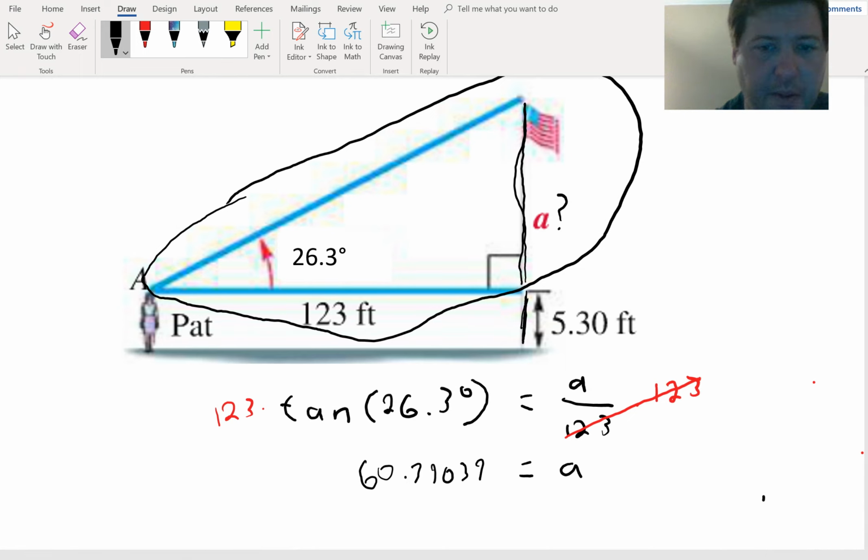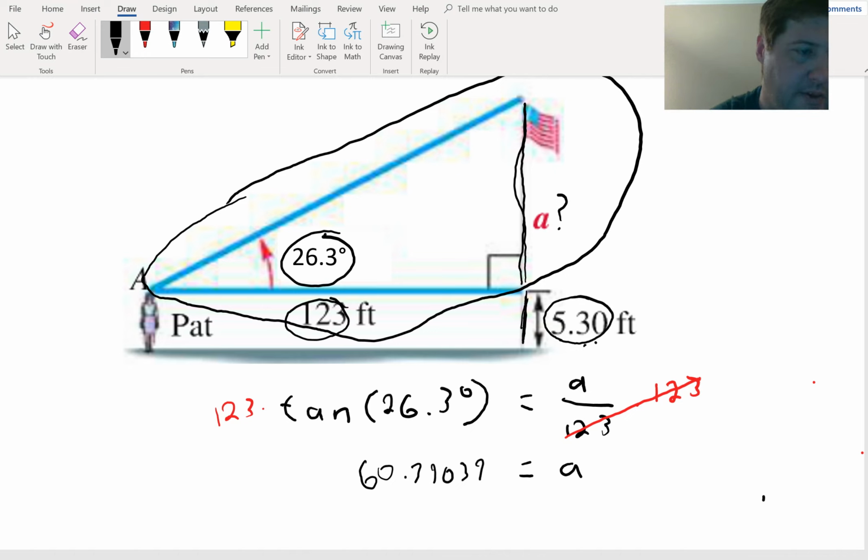Okay, so let's see. We have 3 significant digits here. We have 1, 2. Do we count this 0? Yes, we do, because it's to the right of the decimal place. So again, we have 3 significant digits. And 123 feet, 3 significant digits. So they all have 3 significant digits. This should have 3 significant digits.